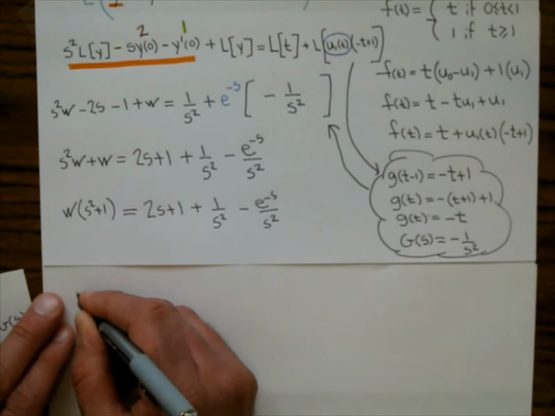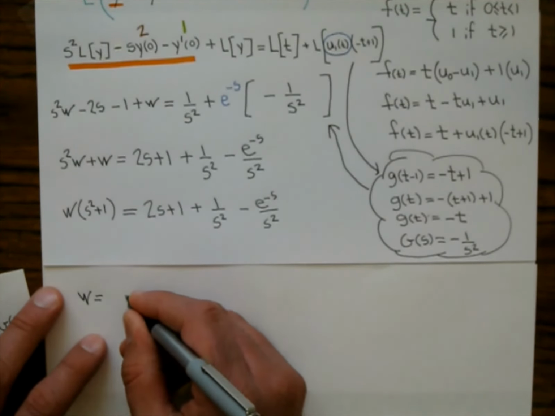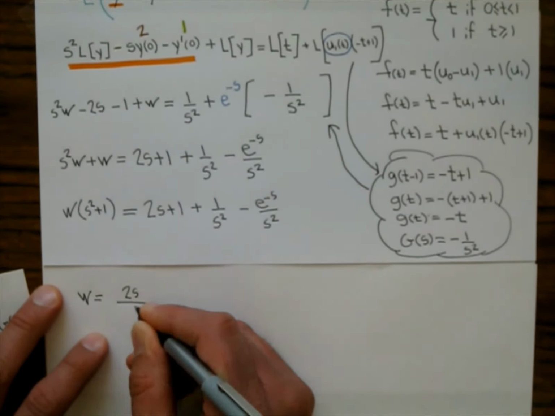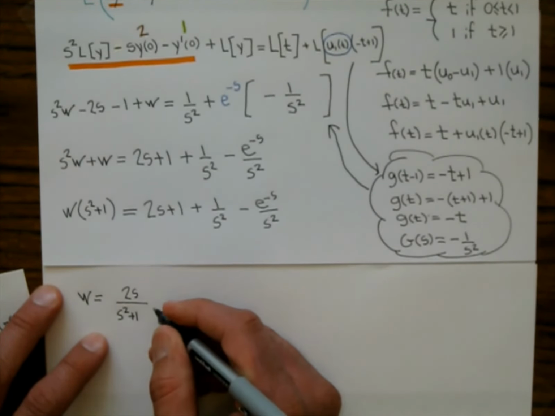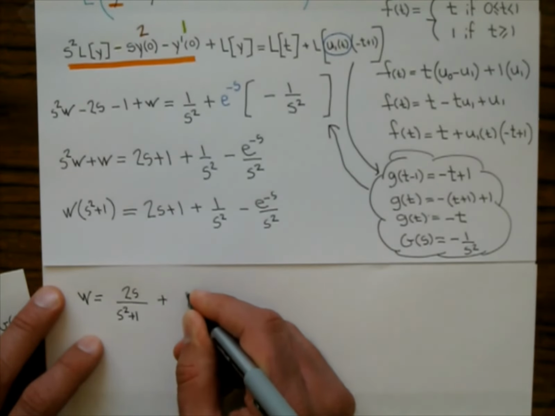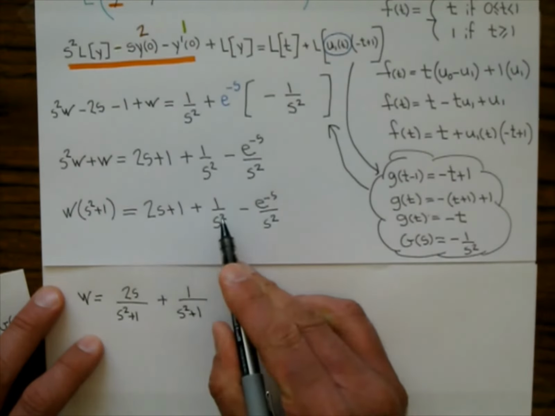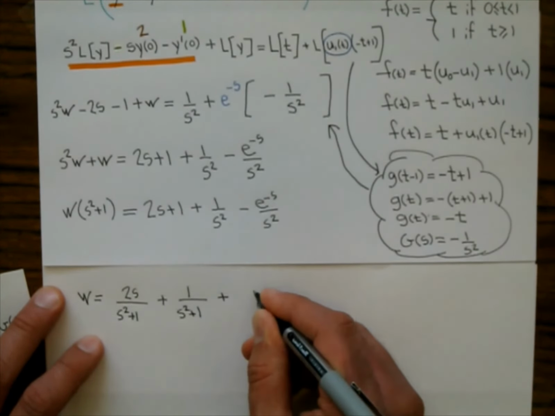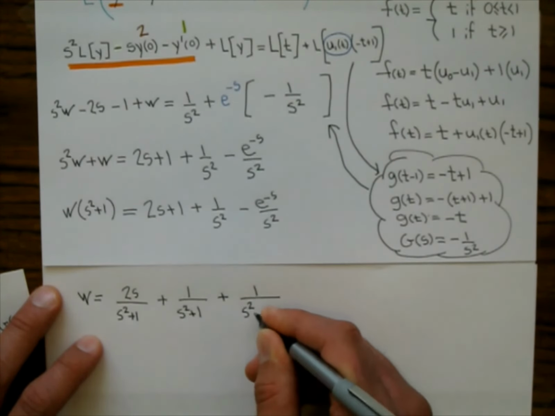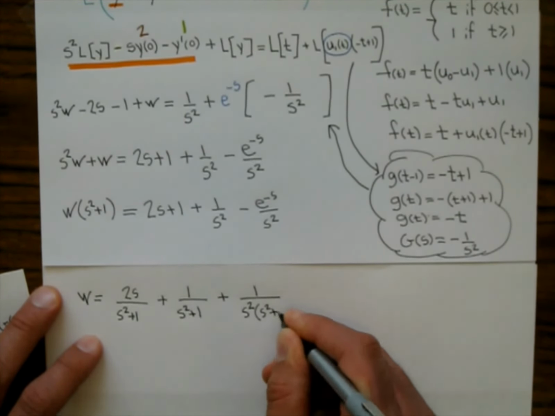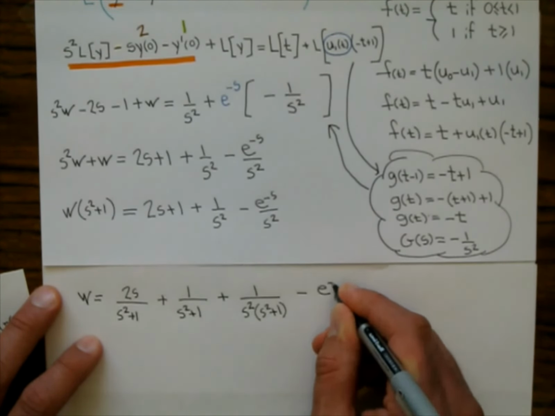And I have w equals 2s all over s squared plus 1, plus 1 over s squared plus 1, plus 1 over s squared plus 1, and then this is going to be minus e to the negative s.